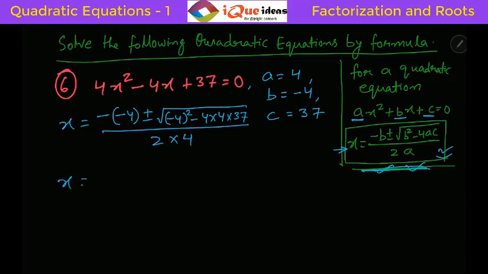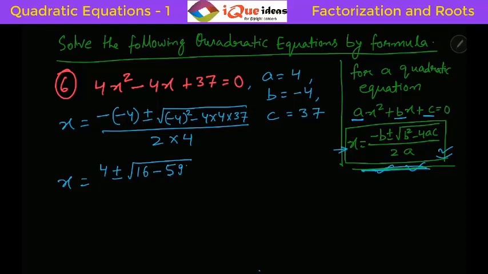Right, so x is equal to minus of minus 4 is plus 4 plus minus root of minus 4 square is 16 minus 4 into 4 is 16 into 37. Alright, now 16 into 37 will be 592, divide by 2 into 4 is 8. So this gives us 4 plus minus square root of minus 16 minus 592 will be equal to minus 576.